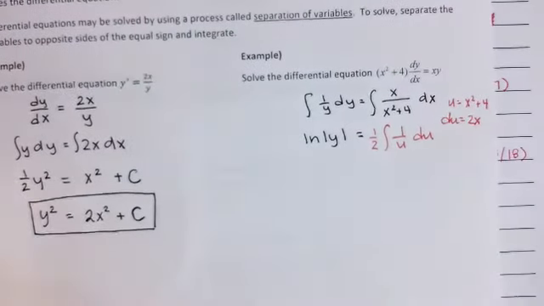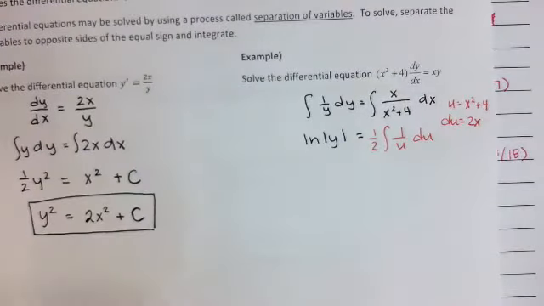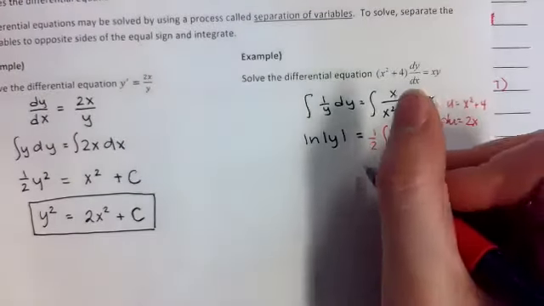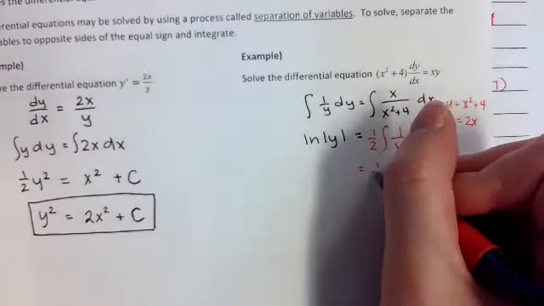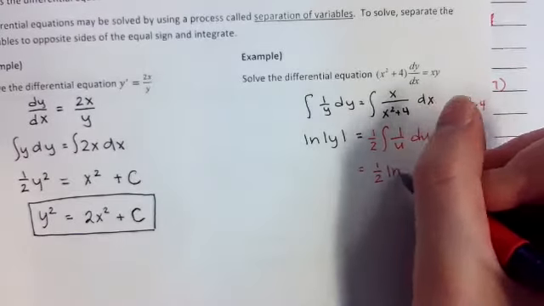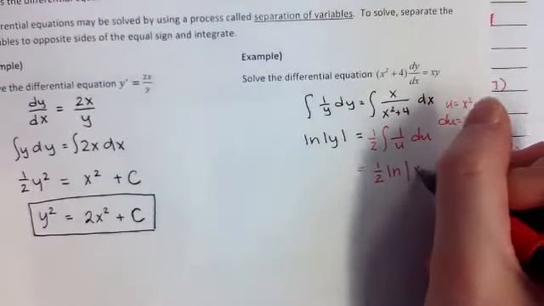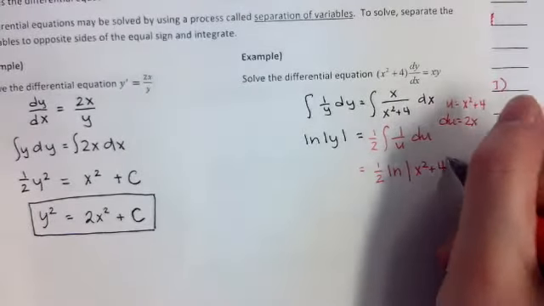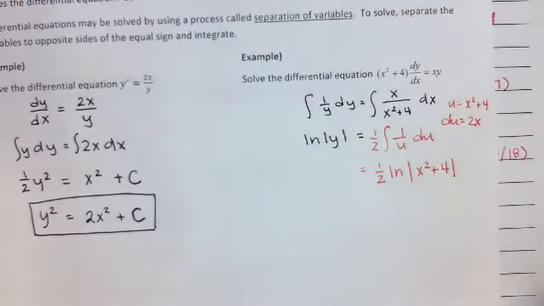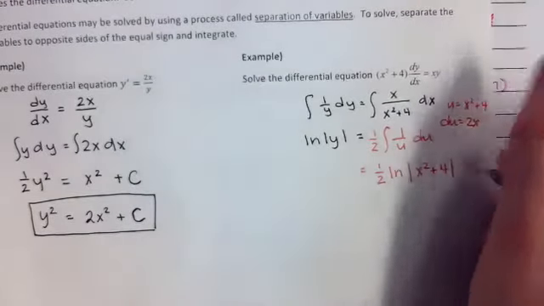So instead I have 1/2 the integral of 1 over u du. 1/2 of ln u. What is u? Good. And then we have plus c.